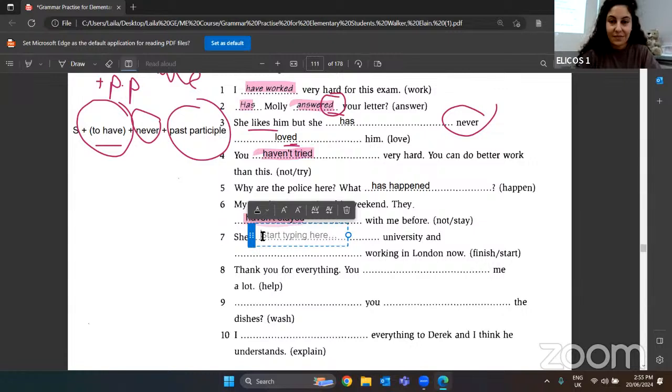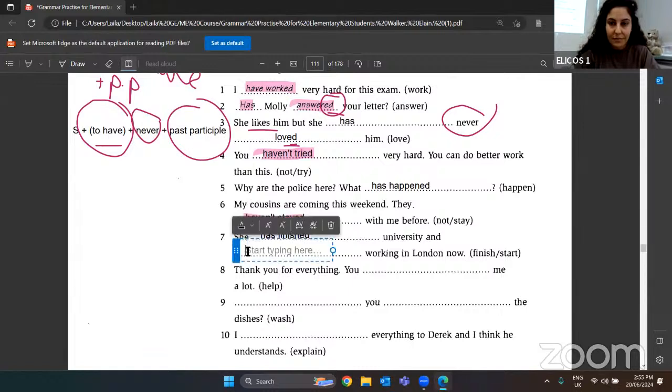7. She has finished university and has started working in London now.